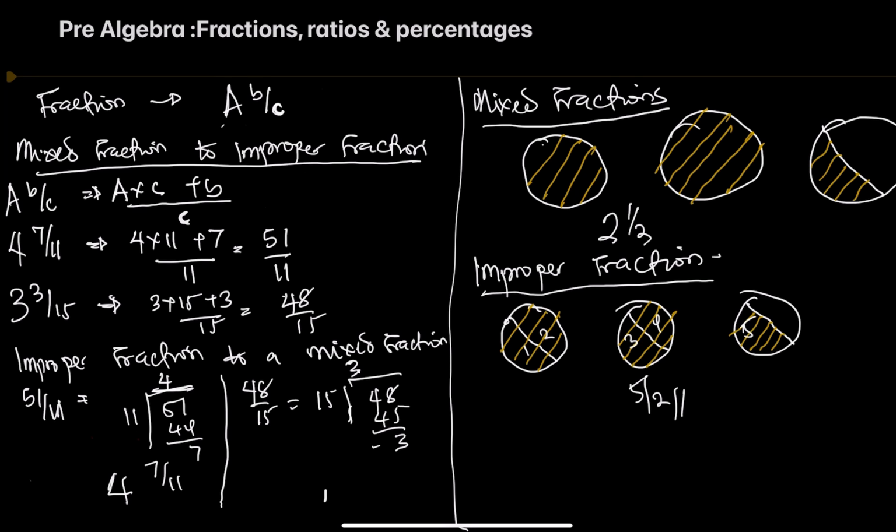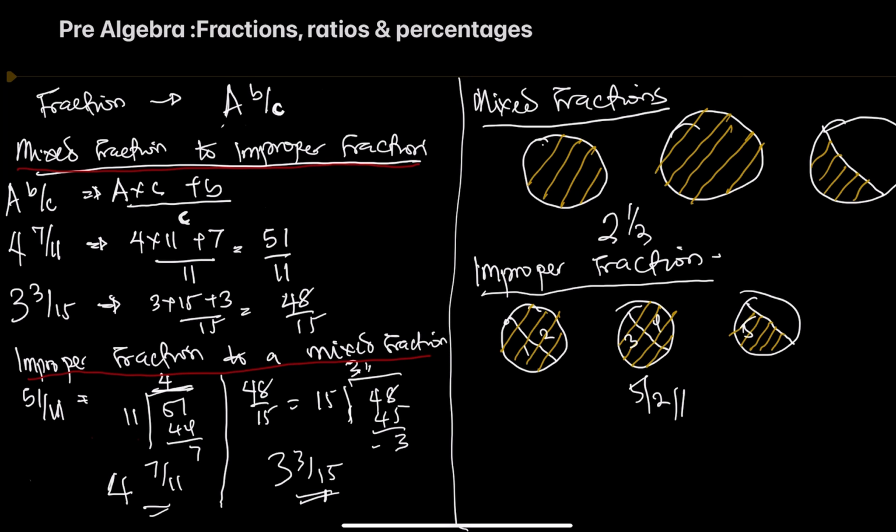So in this case, we take the 3, which is the whole number, and then the 3 all over 15, and then we have our answer, and we can compare and see that it gives us the previous answers as well. So in this class, this is how to convert an improper fraction to a mixed fraction, and a mixed fraction to an improper fraction.